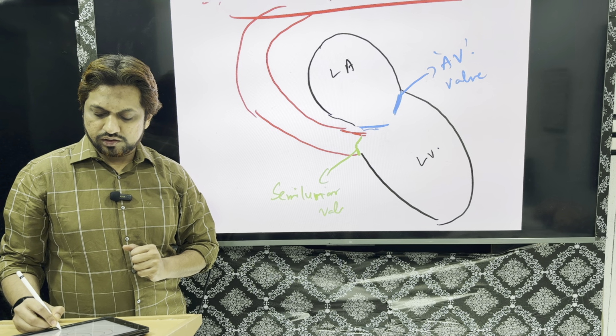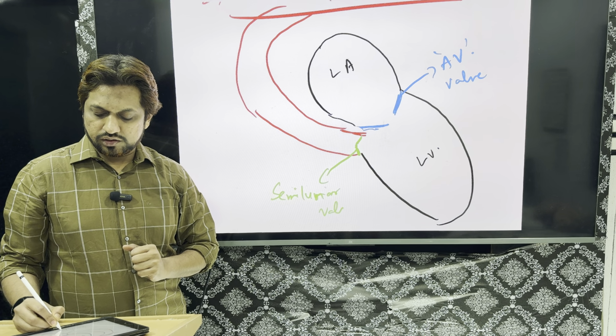These are the mechanical events, right? First thing is the A wave. What changes are seen in the atrial pressure? The A wave is seen, and it is due to the contraction of the atrium. So the pressure inside the atria increases, which can be seen as the A wave in the JVP.